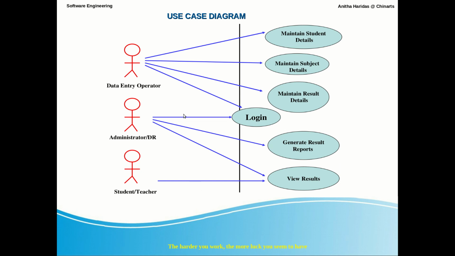So this is how we describe the use cases in a use case diagram. A use case diagram is nothing but a graphical representation of the different use cases available for the system, through which the end users can interact.